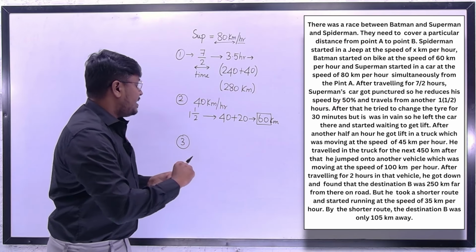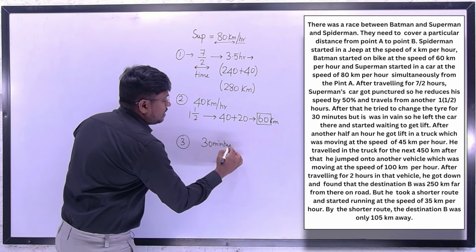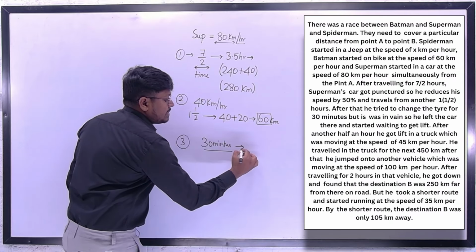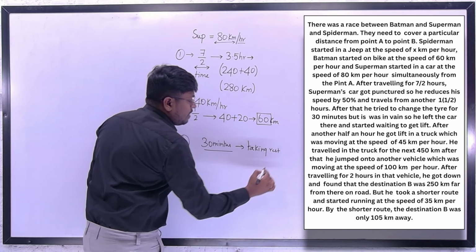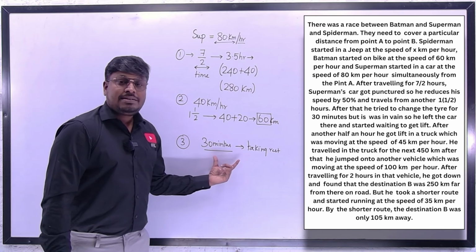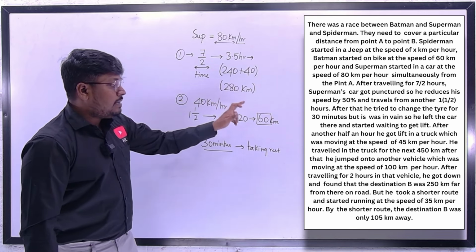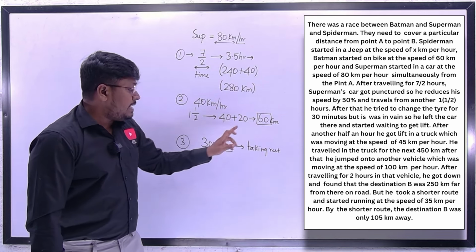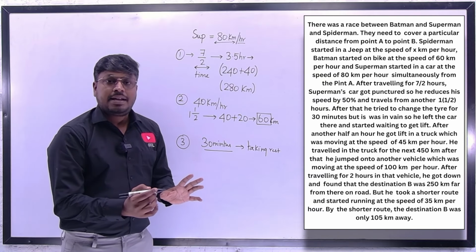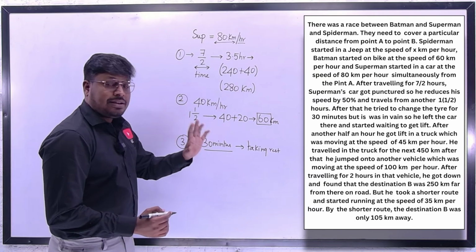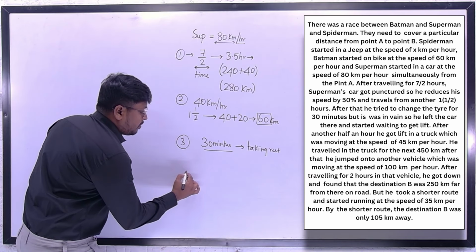So let's assume that for those 30 minutes he doesn't travel anywhere else, because he is changing the tire. So first he traveled 280, then he traveled 60, and then he was at the same point for 30 minutes changing the tire, and then he decided to leave the car there and was just waiting for the lift. So this was the third point they have given.